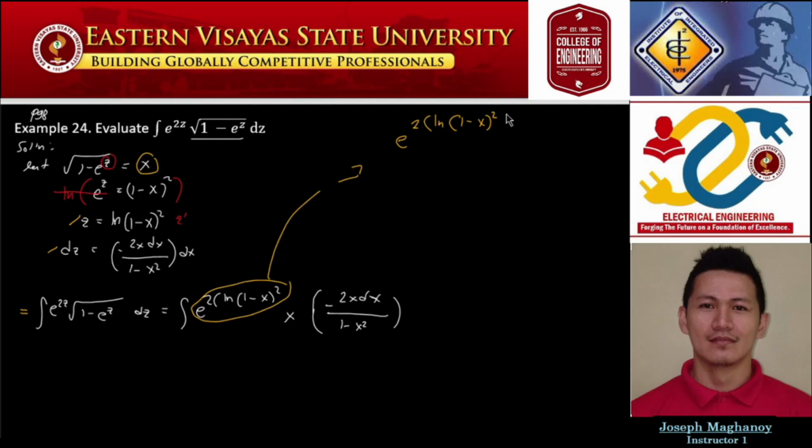So let's distribute the 2, so this will become e to the ln of quantity 1 minus x squared, squared. If you evaluate this one, the e raised to ln will be cancelled out.